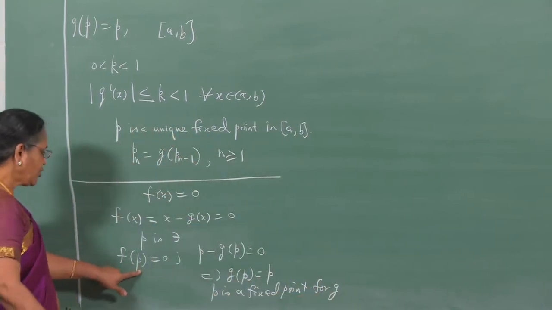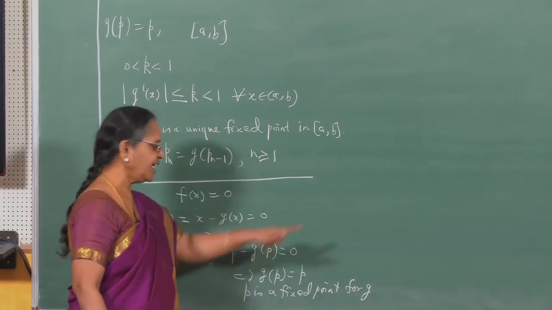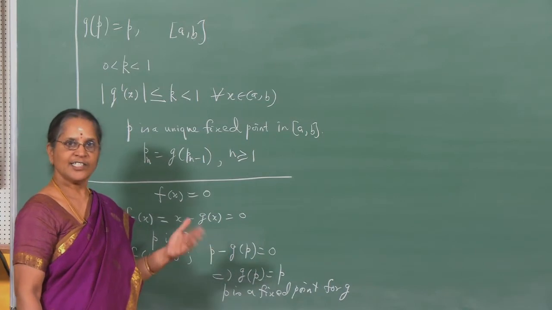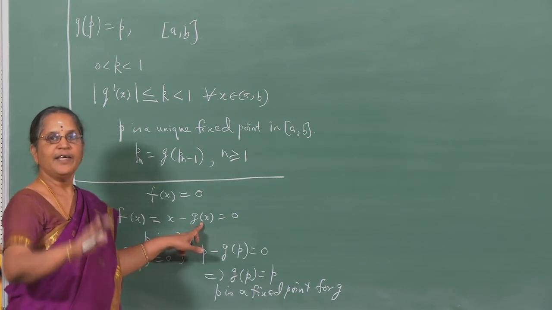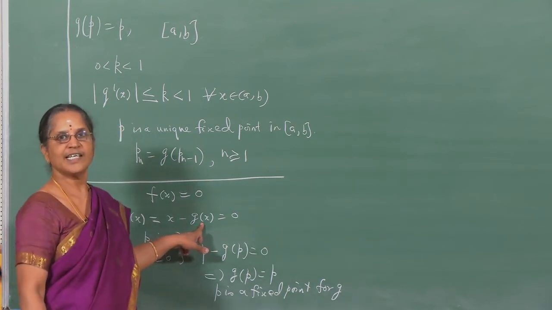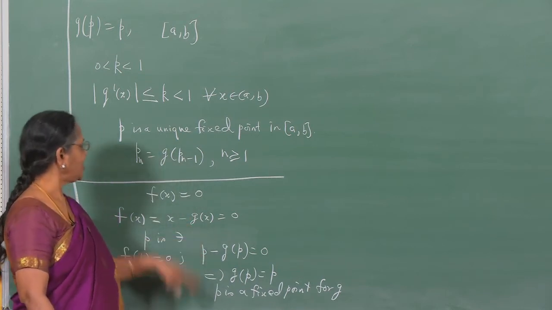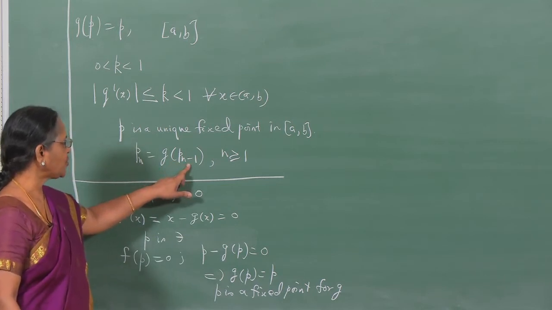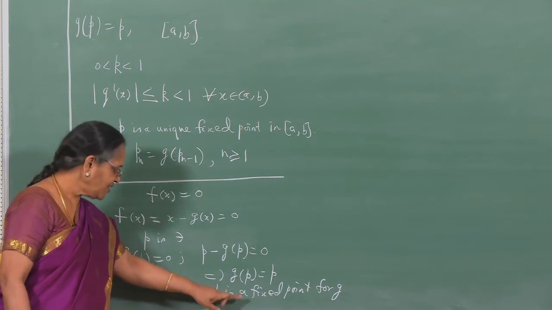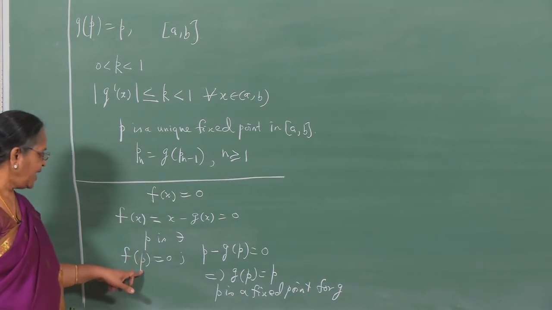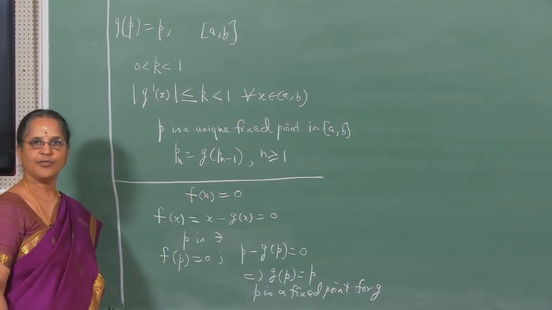So, if p belongs to an interval a b, then we have a fixed point for the function g in that interval, and it exists and is unique provided g satisfies certain conditions, namely if g satisfies the sufficient conditions specified, then the sequence of iterates generated by Pn equal to g of Pn minus 1 will converge to this fixed point p for the function g, and that unique fixed point is going to be a 0 for the function f, or a root of this equation f of x is equal to 0.